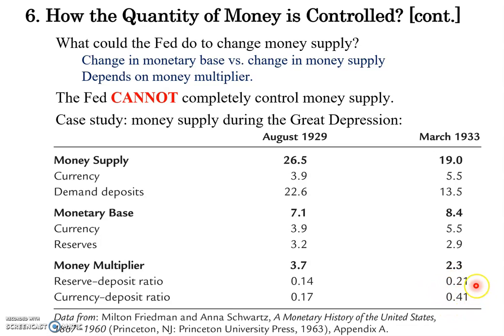So when both get larger, the money multiplier is actually decreasing. It gets smaller. And that's why even though the monetary base increased, overall money supply actually decreased a lot, from 26.5 to 19.